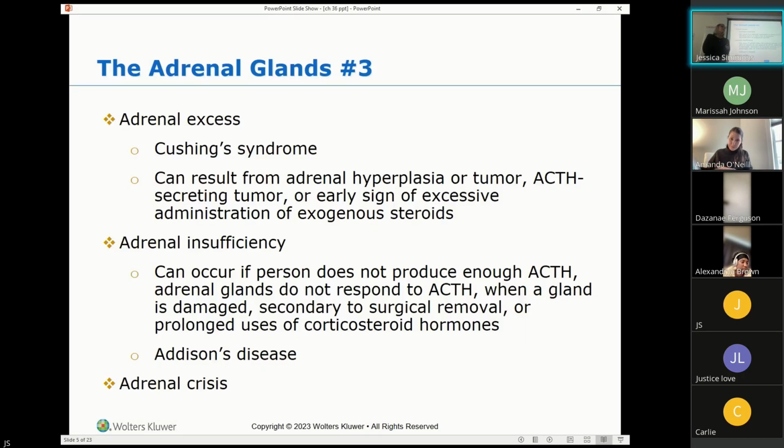So if you give people too much steroids, this can result from either a person that has a big fat adrenal gland, which is from hyperplasia, a tumor in the adrenal gland, an ACTH secreting tumor, which is very similar to just a tumor, or you gave your patient way too many steroids, which can mimic the effects of Cushing's syndrome.